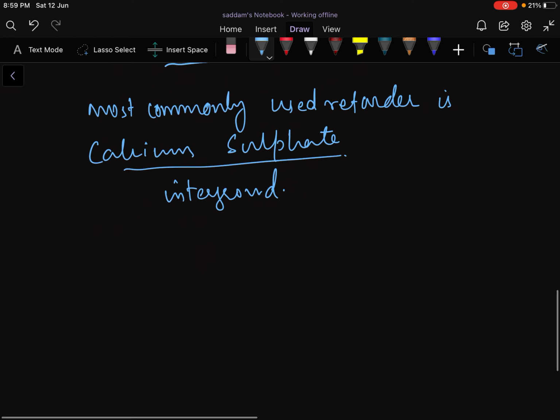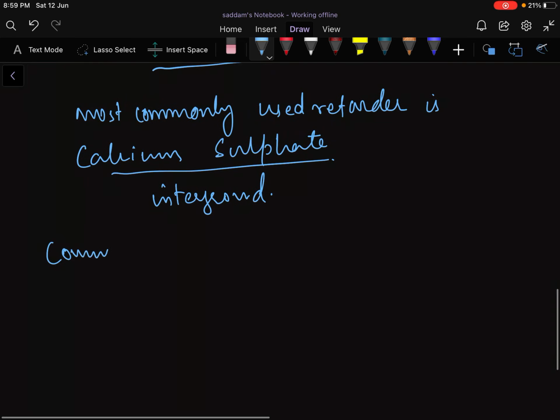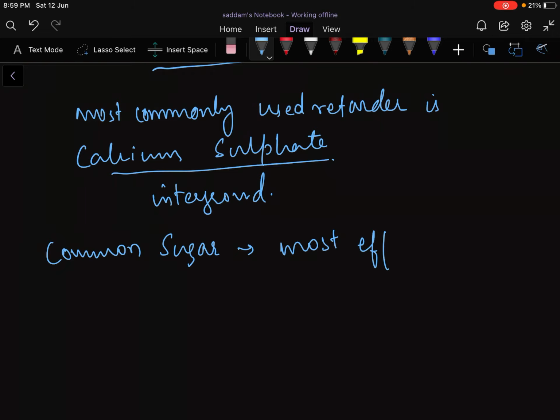Okay, so apart from that, common sugar is also one of the most effective retarding agents used as an admixture.